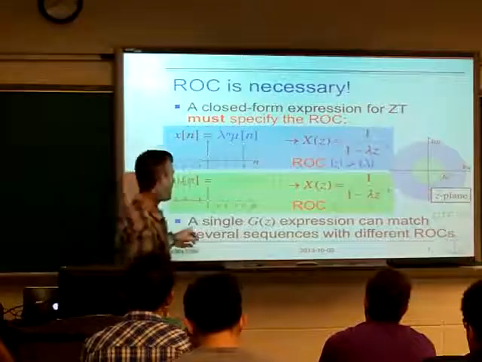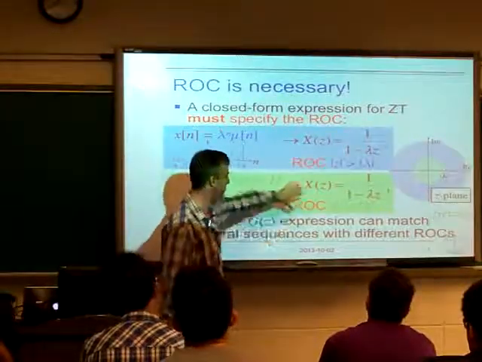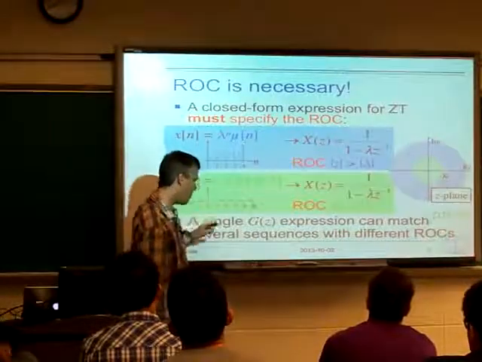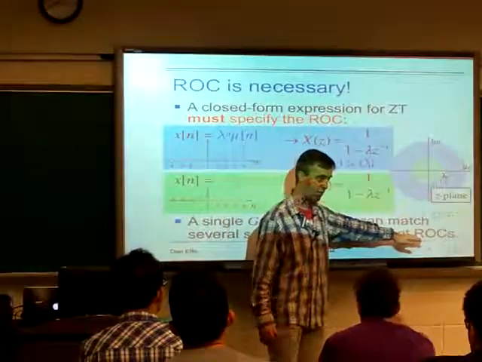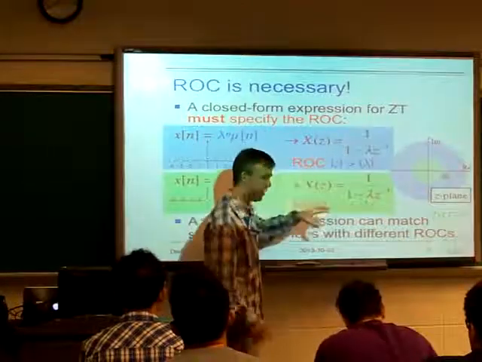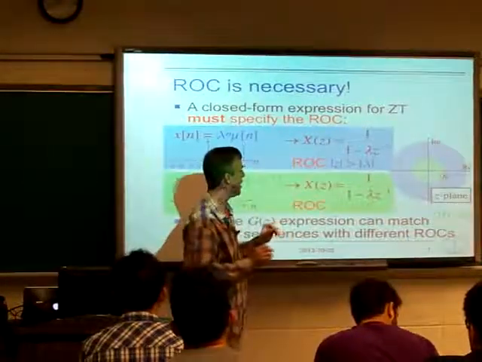But here's the point. A single G of Z closed form expression can match multiple sequences depending on which region of convergence you specify. That's what this has shown, and I think we've gotten the idea now.